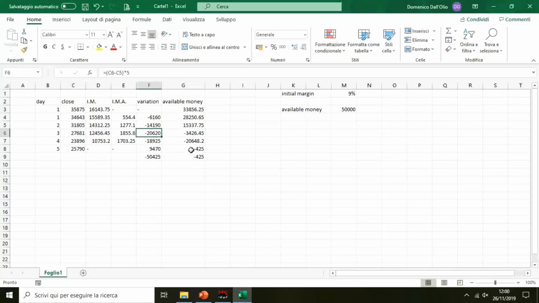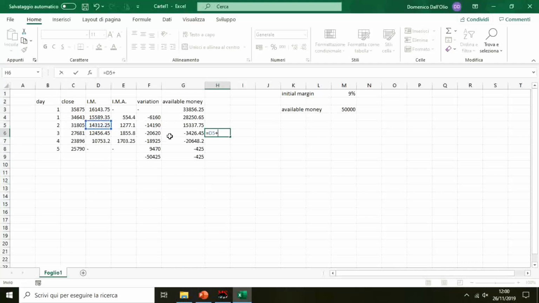But in the moment you close the position, this money amount, the previous day's initial margin, is fully released. So what you get is that the balance is minus 3,426.45 plus 14,312. So in the end, you are left with 10,885 euros on your account.